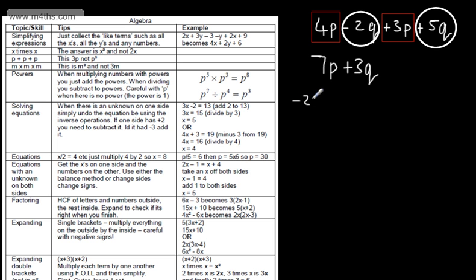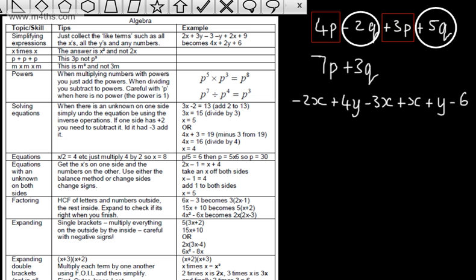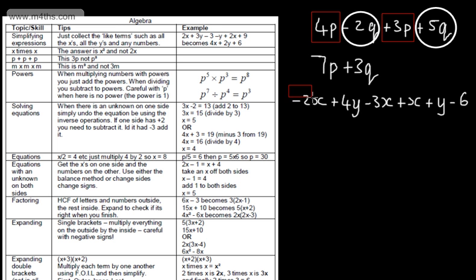I've got minus 2x plus 4y minus 3x plus x plus y minus 6. So we're going to go ahead and collect like terms. Again, using the squares and circles, I've got minus 2x minus 3x plus an x.